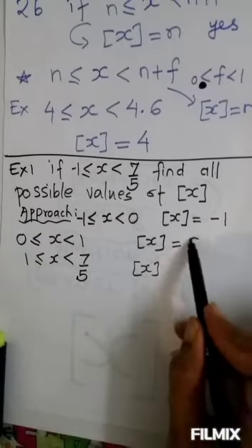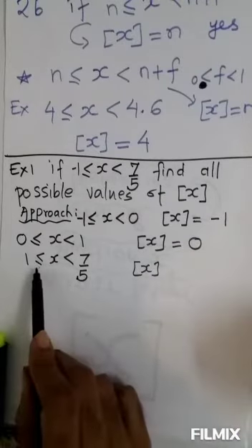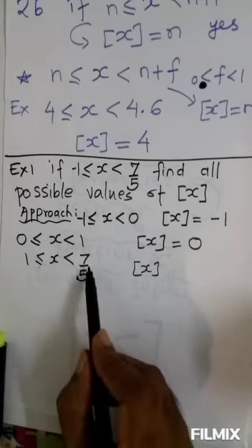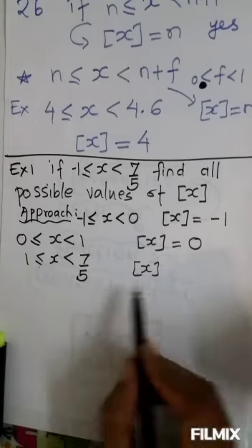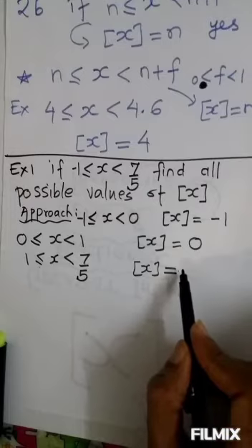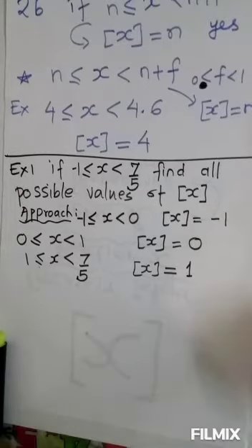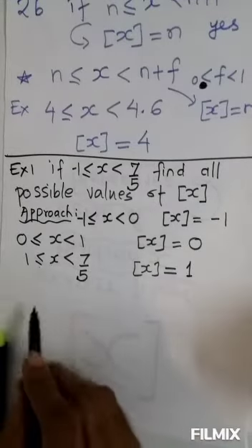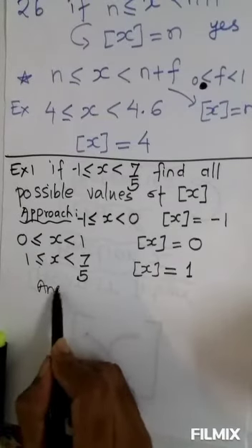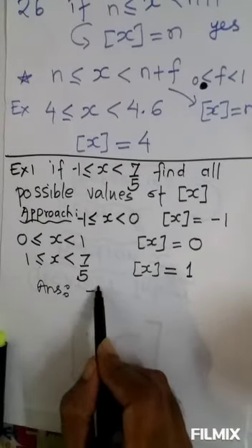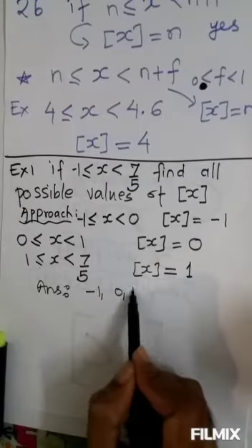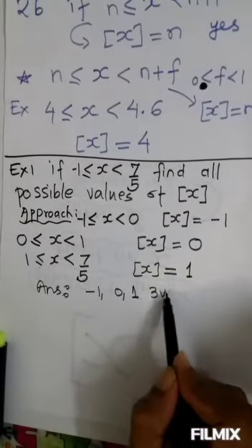From 0 to 1 it is 0, and from 1 to 7/5, which is around 1.4, its value is 1. So all possible values are how many? -1, 0, 1. There are 3 values.